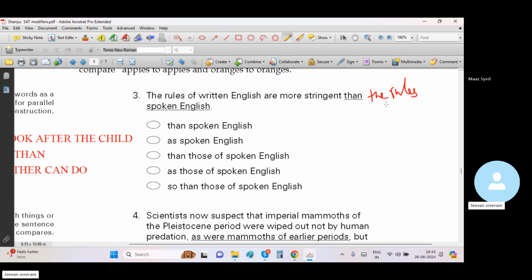The comparison is actually between the rules of spoken English and the rules of written English. Correct? So instead of repeating the rules, you may simply use "than those of spoken English."